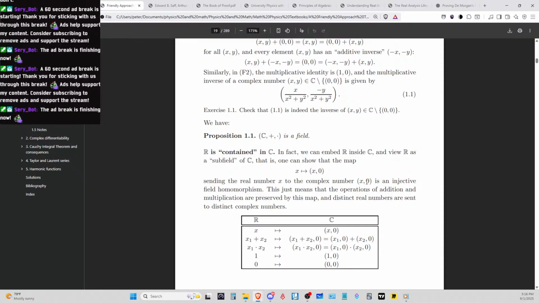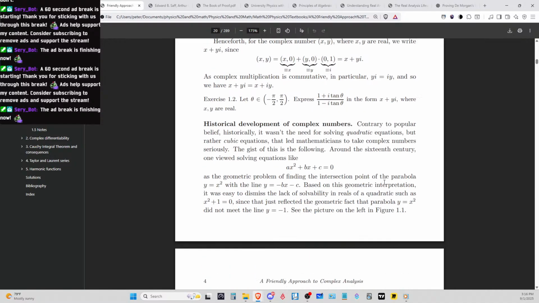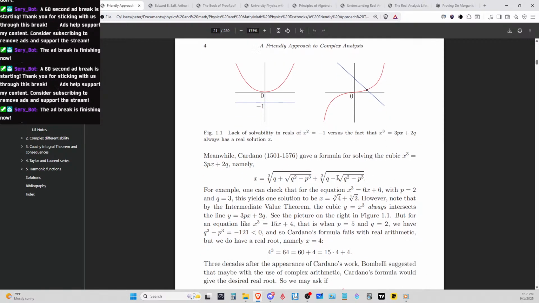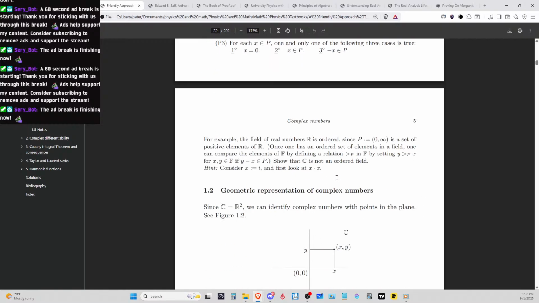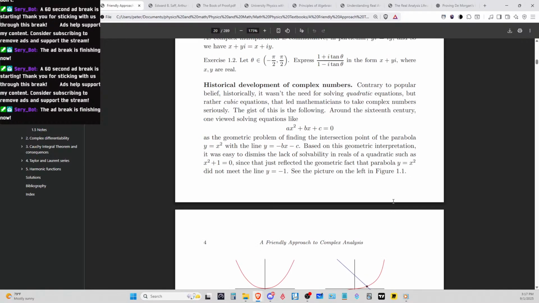Let's see, R is contained. Oh, this is for the cubic root. Let's see. Very interesting.